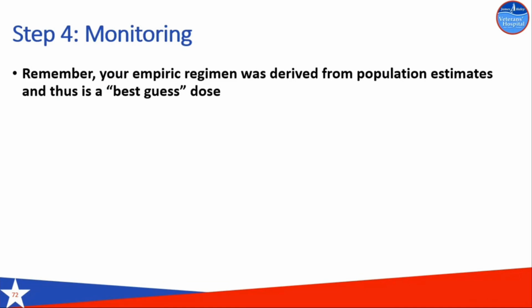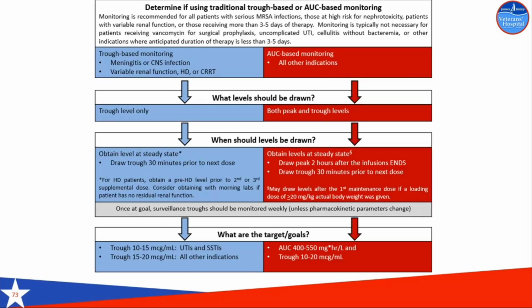So in terms of monitoring, all the information that you put in the calculator is derived from population estimates. So really it's just a best guess dose. But when we get levels, that's when we can actually decide what the patient-specific regimen should be.